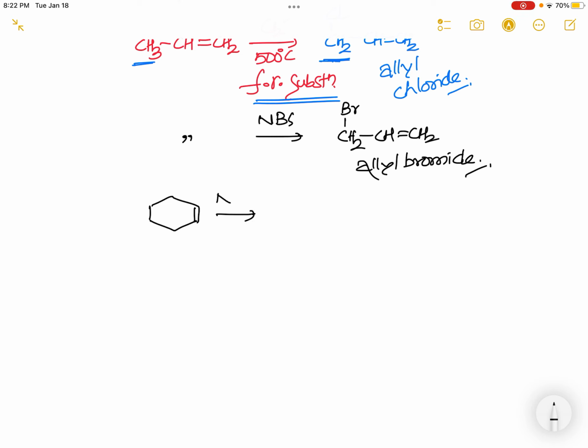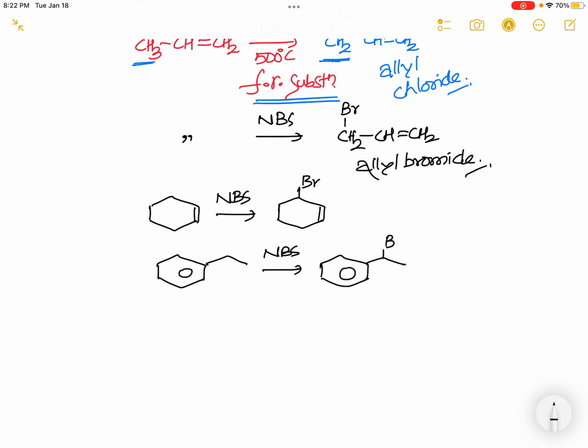If you are using NBS, check the allylic position. If you are having a benzene, check the allylic position. Like this you can expect.